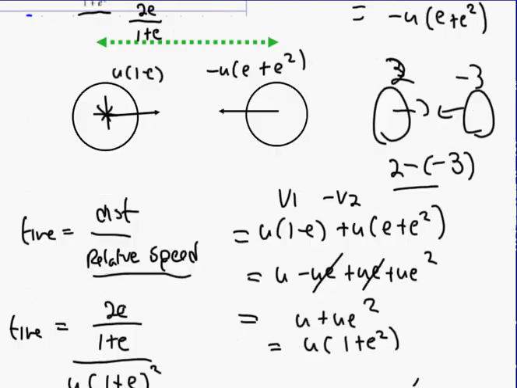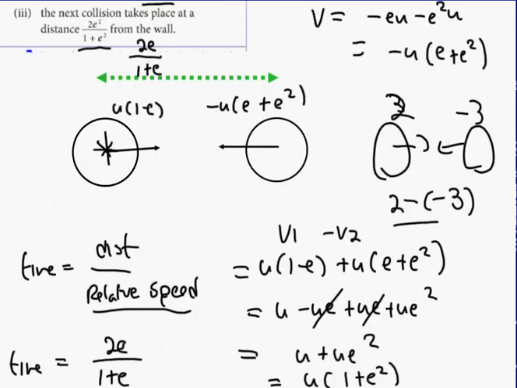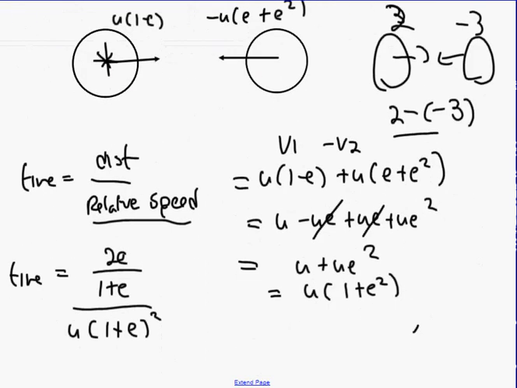Okay, now I have to turn it into 2e squared all over, oh, the e squared's in there. Okay, have to turn it into that there. So that's the time taken.